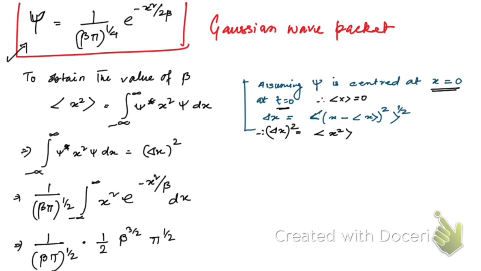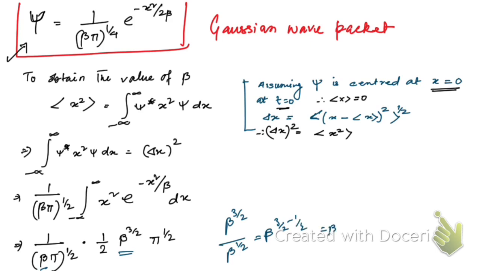Now if you cancel these things, pi to the power half will be cancelled, and if you divide beta to the power 3 by 2 by beta to the power half, you're going to get beta to the power 3 by 2 minus half, that's going to be beta, right?